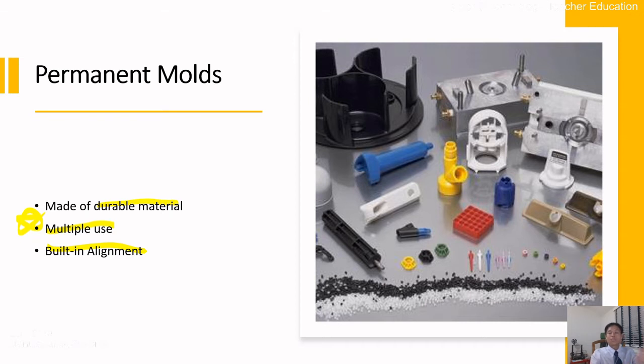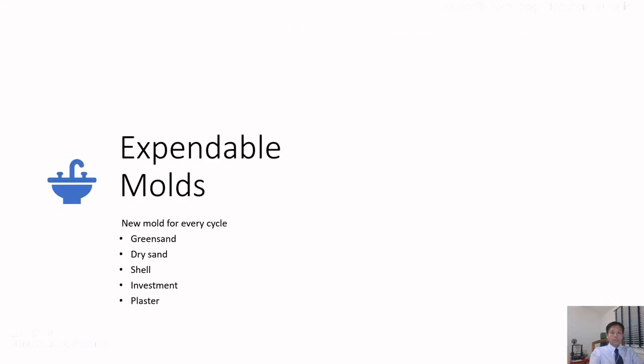So that's a more advanced one, but this is mainly for mass production. But the expandable mold is used to produce special products, certain types of quality.